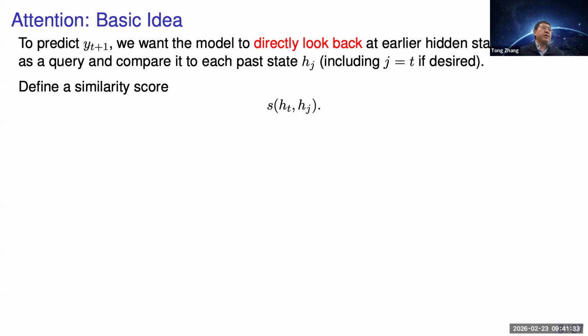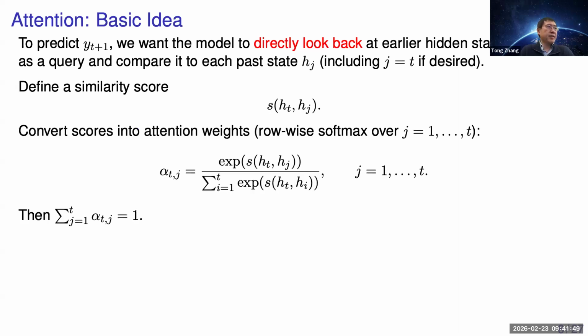I find a similarity score, which says something is similar between this state and earlier states, and then I use weighting of the earlier information. This gives a weight, looking at history and current, on whether some similar patterns appear. s(h_t, h_j) is the similarity of the current state, h_t, and the earlier state, h_j.